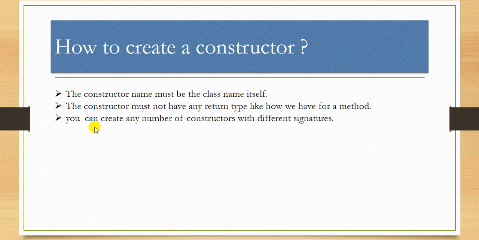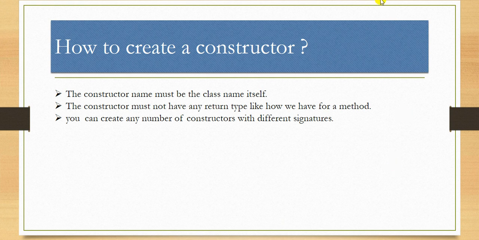The constructor should be the class name itself, like I said, and the constructor should not have any return type like how we have for a method. Even so, you can create a number of constructors with different signatures. You cannot put different names for the constructor. So that is when overloading constructors comes into play.